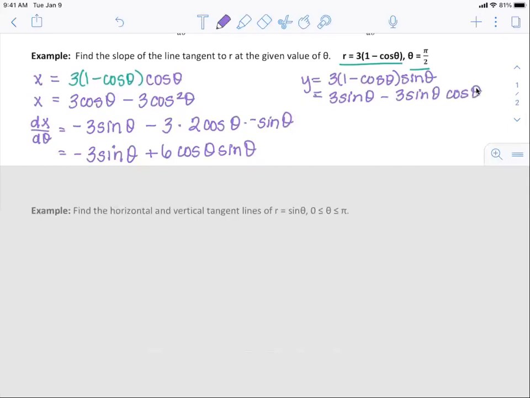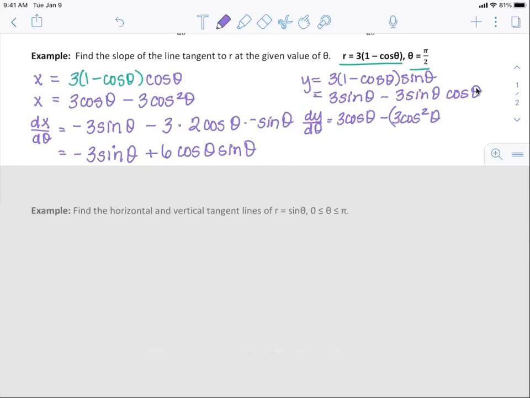This one's not lovely because we do have to do a product rule over here. So dy d theta is going to be 3 cosine theta minus 3 times, so 3 times the derivative of sine, that's going to be cosine. So 3 cosine squared theta. We're subtracting all of this.